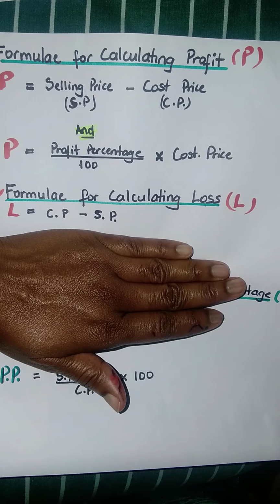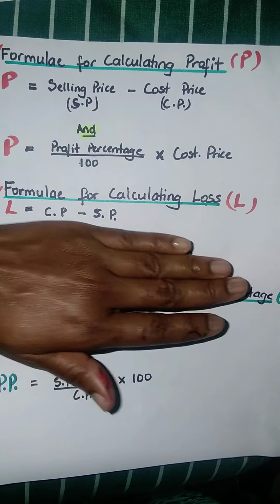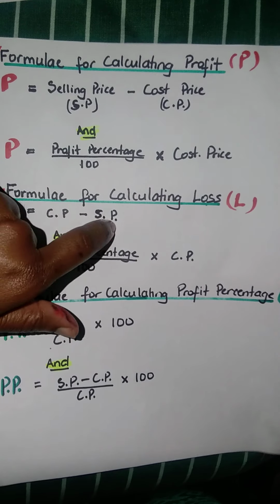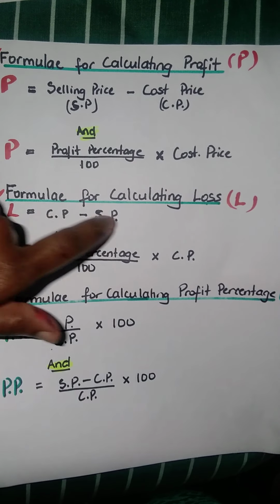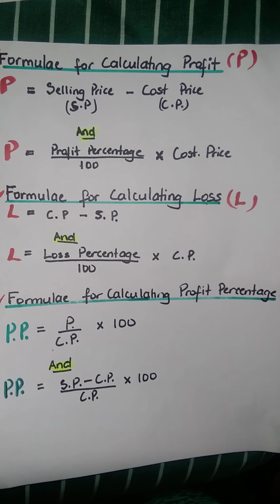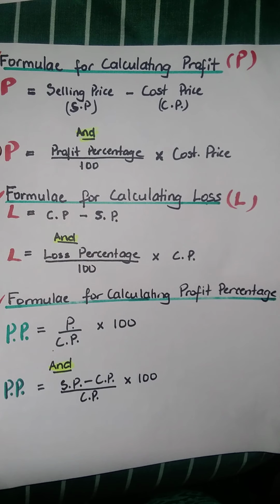And I know you're going to tell me, no, you can't use this one because this formula does not have loss percentage in there. So you have to use a formula that includes the things that you need, or the things that you have rather.